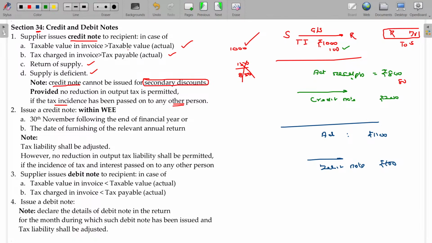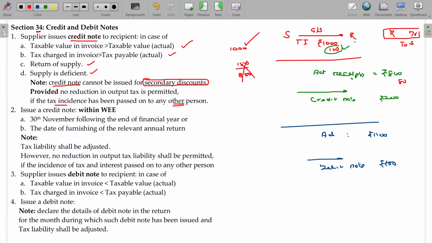This recipient sold to somebody else, and this 100 rupees was also recovered from that person. Then you are not eligible for issuing the credit note. While issuing the credit note, it is your intention to claim back the tax paid to the government. So if the tax burden is transferred to some third party, and we are not able to trace who has paid this, then you cannot issue the credit note.